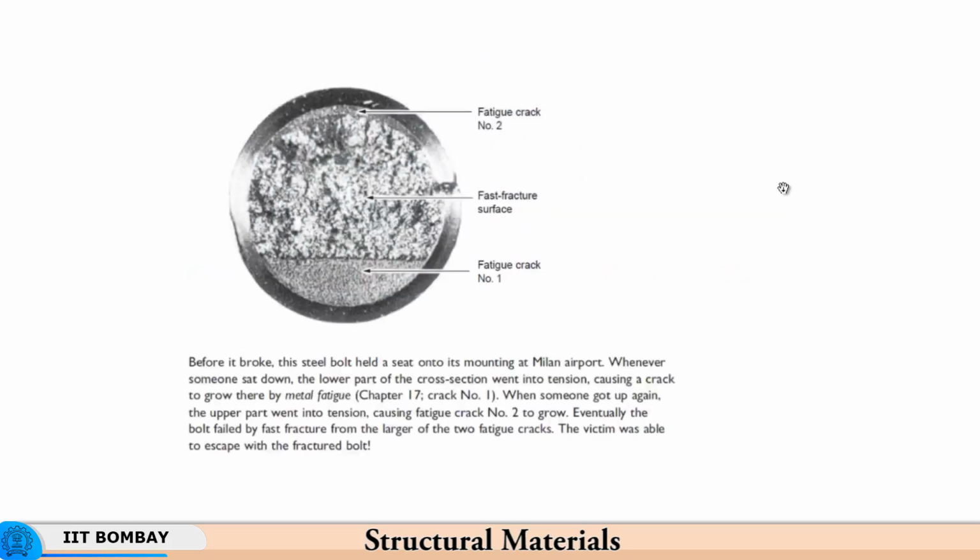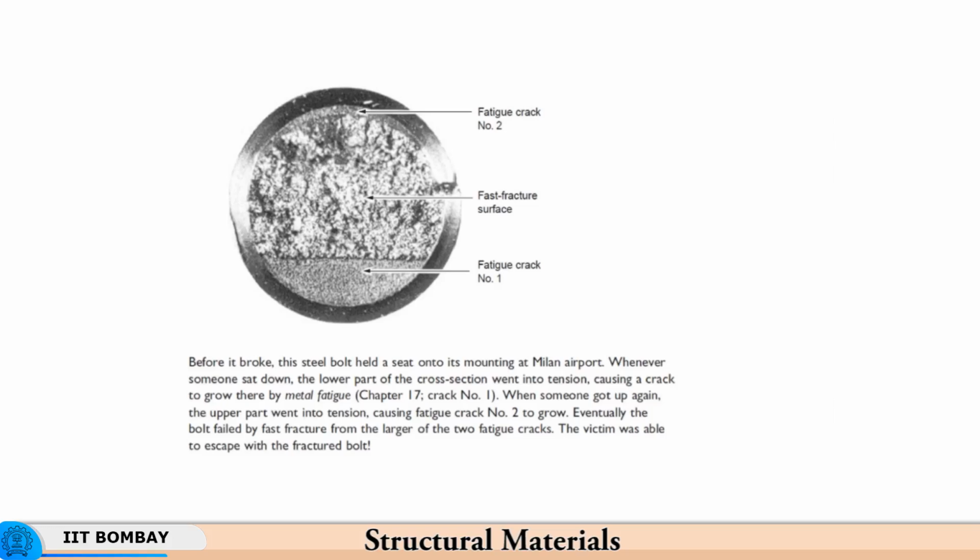So, there can be multiple origins of a fatigue crack as well. You can have the initial origin of the fatigue crack in some brittle region, okay, and here there could be another fatigue crack which originated at some other point. So, this is a cross section of a bolt that was holding a seat in the airport.